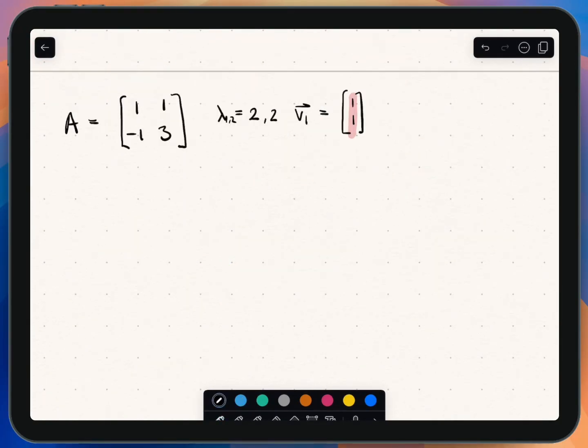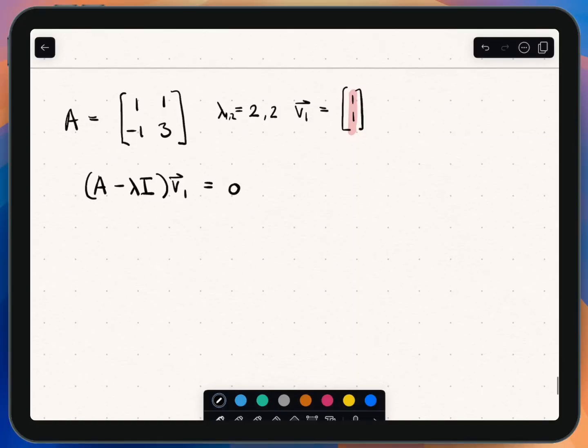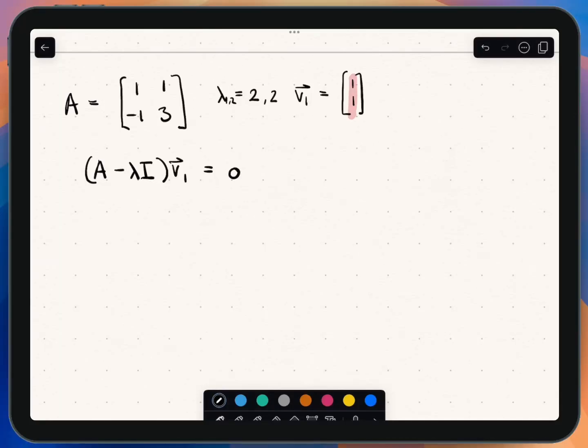So coming back to our example, we know that we found our first eigenvector by solving this equation. What vector, when multiplied by A minus lambda I, gives 0? But now we want to say, A minus lambda I, v2, goes to v1 instead.